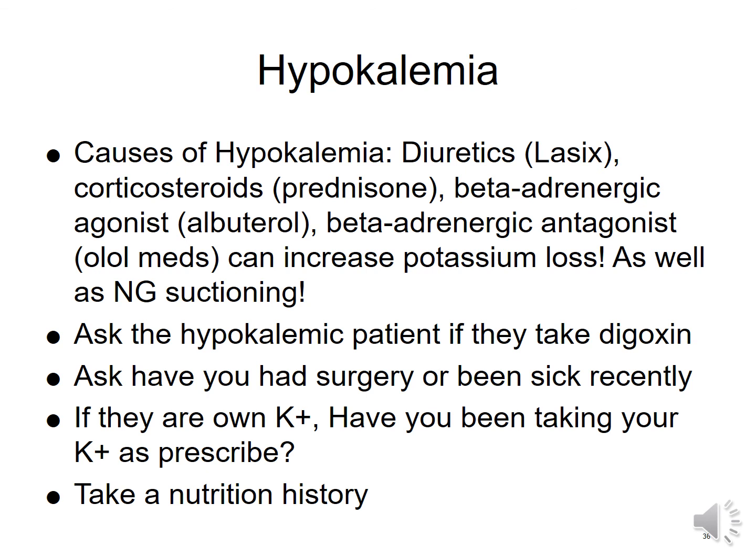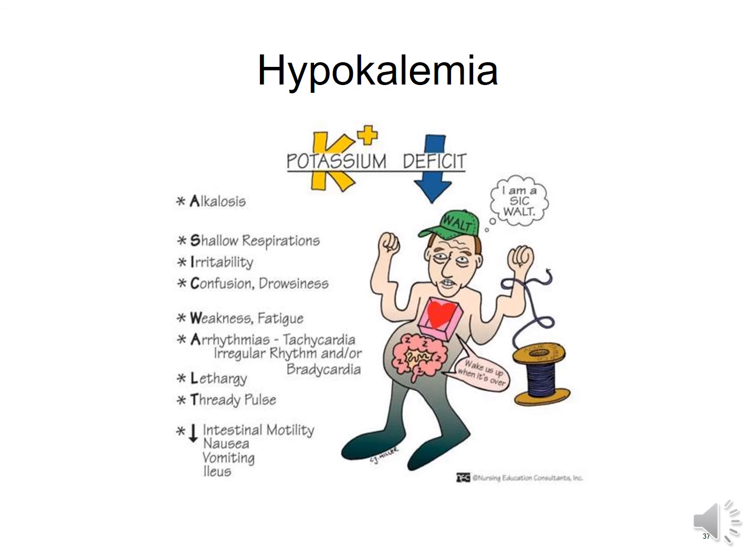All right. Ask them if they've had any surgery or been sick. Is that why they're hypokalemic? If they are on potassium, have they been taking it like they're supposed to? And of course, you always need to see how their nutritional history adds up. All right, hypokalemia.